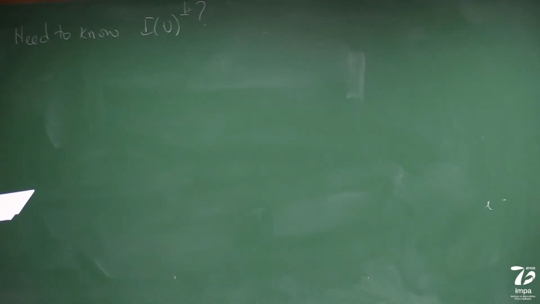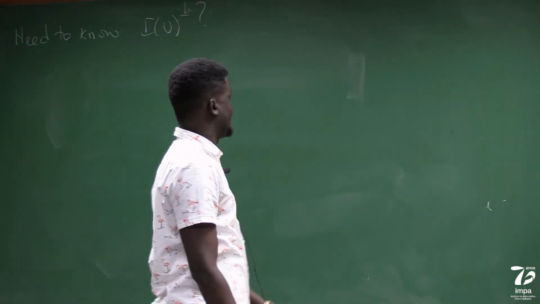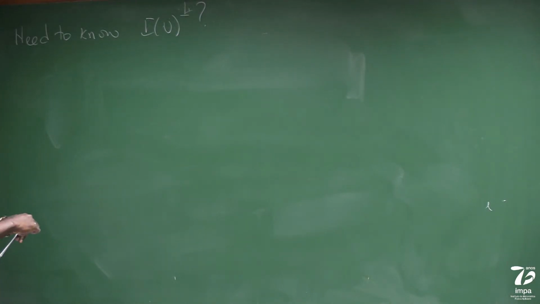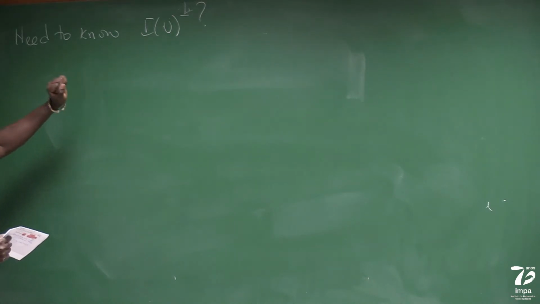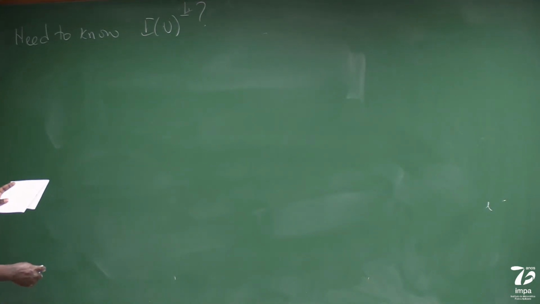So there's a candidate for this, because you may be used to this stuff that, when you have a linear operator on a space, in general you can write the space as a kernel plus the image of this operator.